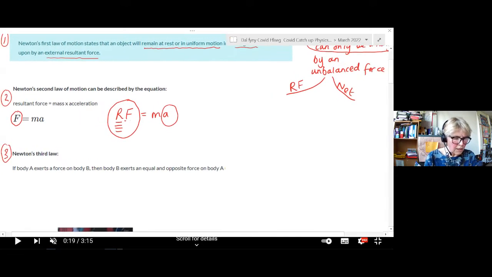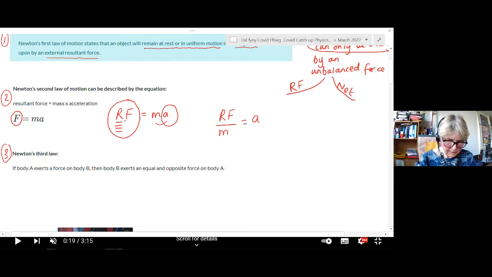Now, if you were doing higher, I have had a look at this and they really do want more. At higher, they do expect you to be able to rearrange the equations. So we have acceleration here times the mass. If we want to get rid of the mass, the resultant force divided by the mass gives you that acceleration.